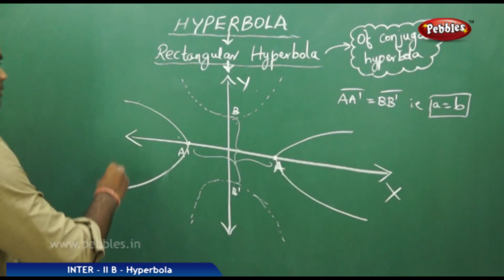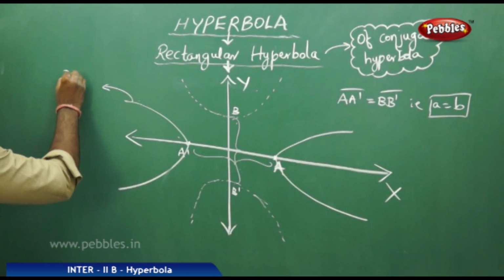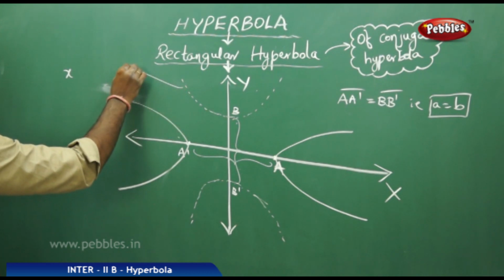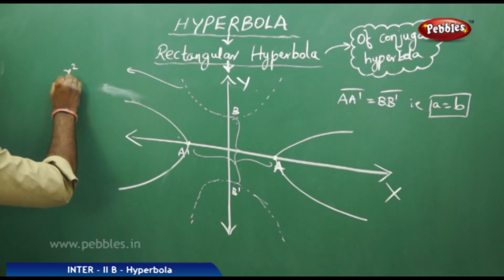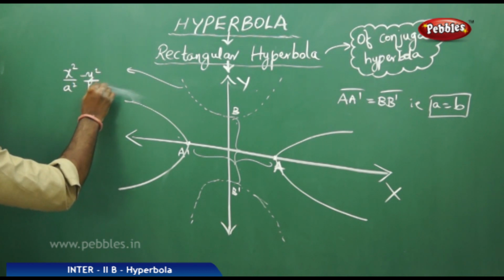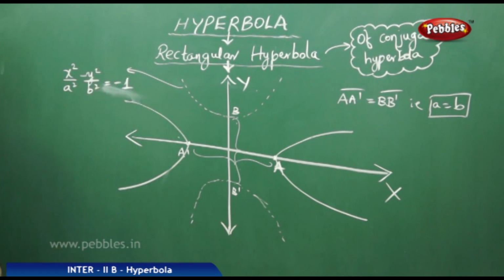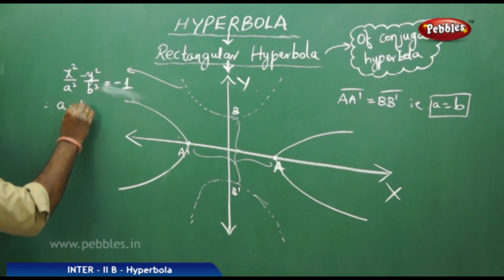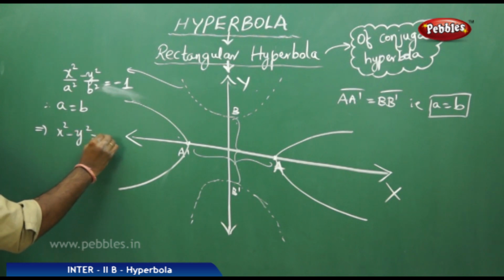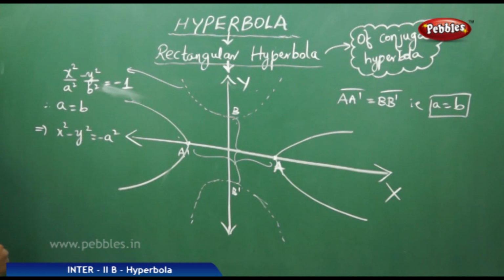And we know the equation of this hyperbola is x squared by a squared minus y squared by b squared equal to -1. Therefore, a equal to b implies x squared minus y squared equal to minus a squared.